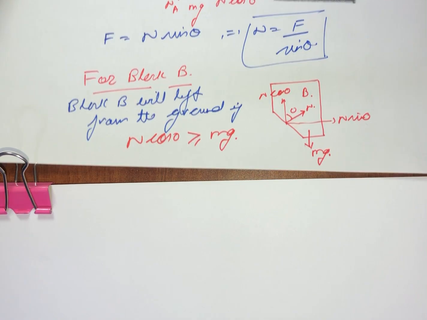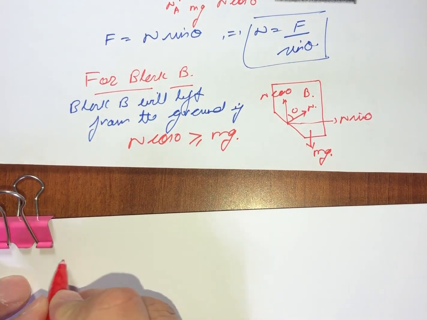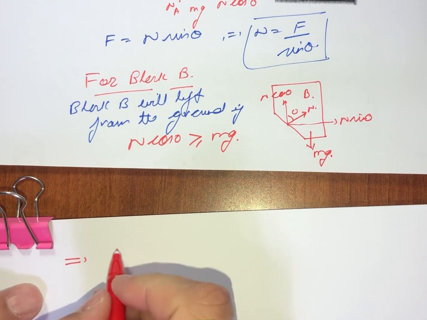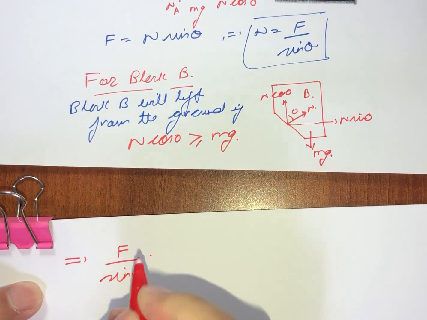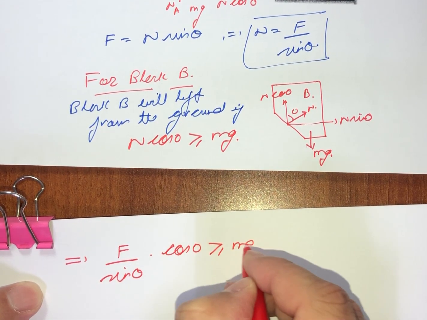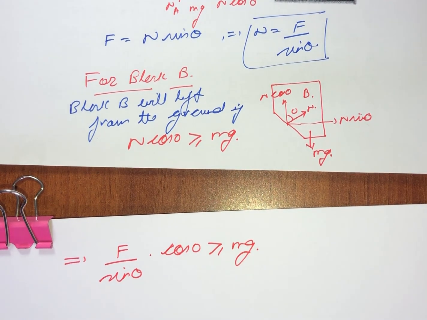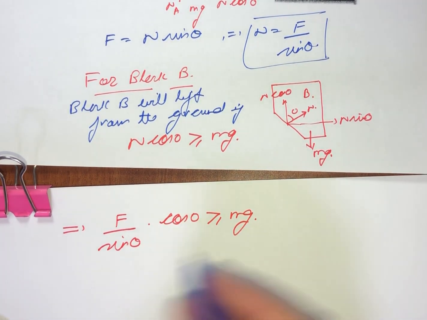We already know the value of N, so we can say N is F upon sin theta. So we get F upon sin theta multiplied by cos theta is greater than or equal to mg. And we are required to find the minimum force.